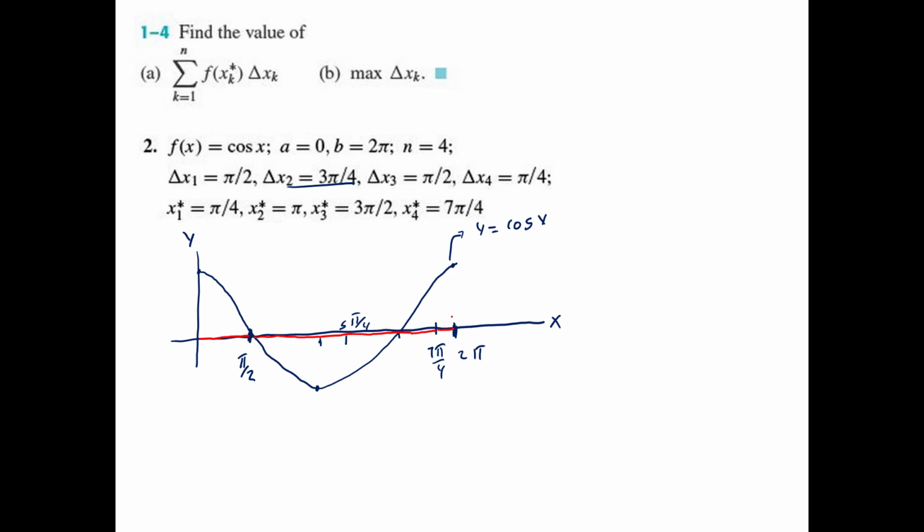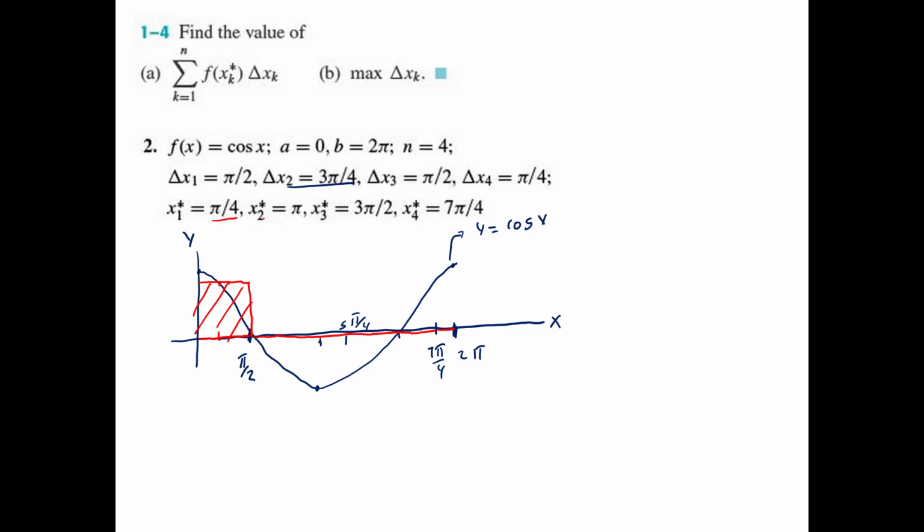Now, in this first interval, you're going to put in pi over 4, which is right in the middle, into your formula to get the height. So the width is going to go all the way across, but the height comes from pi over 4. Now in your second interval, the rectangle is this rectangle right here.